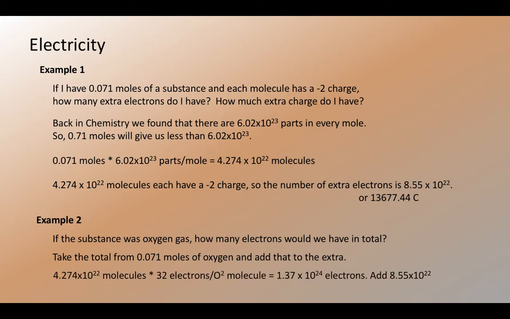So we have 4.274 times 10 to the 22nd, and that's how many molecules we have. Then we have 32 electrons for every O2 molecule. That gives us 1.3 times 10 to the 24th electrons, and then we add in our extra right here, and we end up with our final answer.